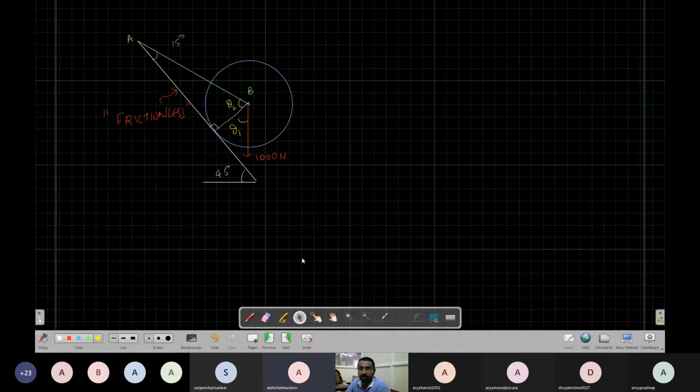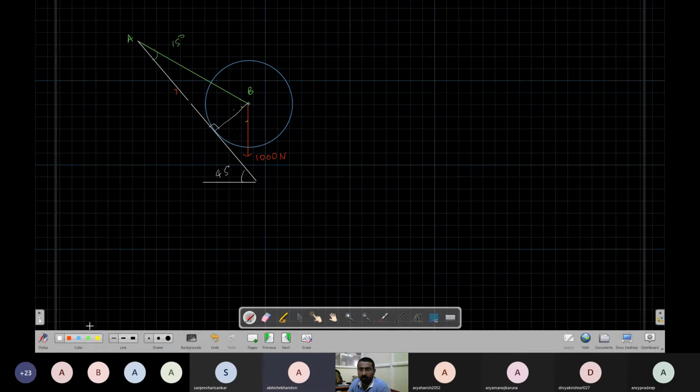Sir, draw a transversal at point A, with a 15 degree angle above. So how should I draw the line? A transversal at point A, parallel to the ground.